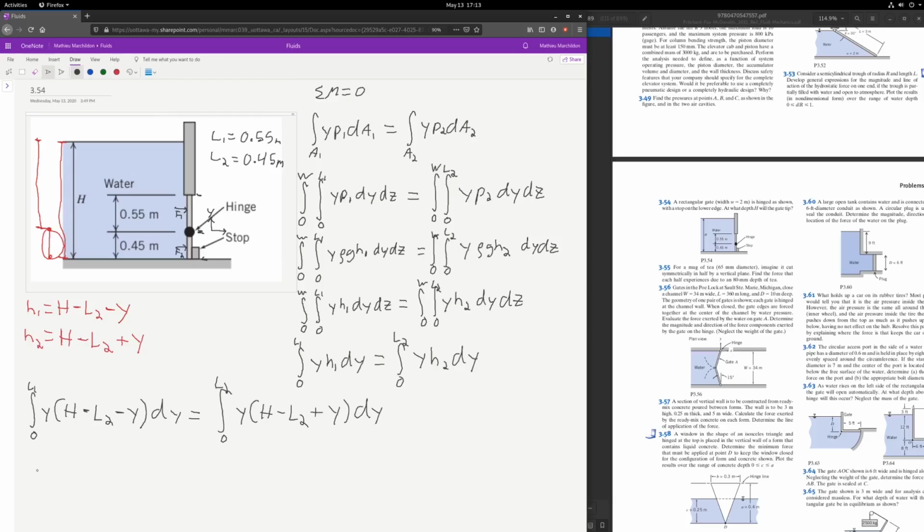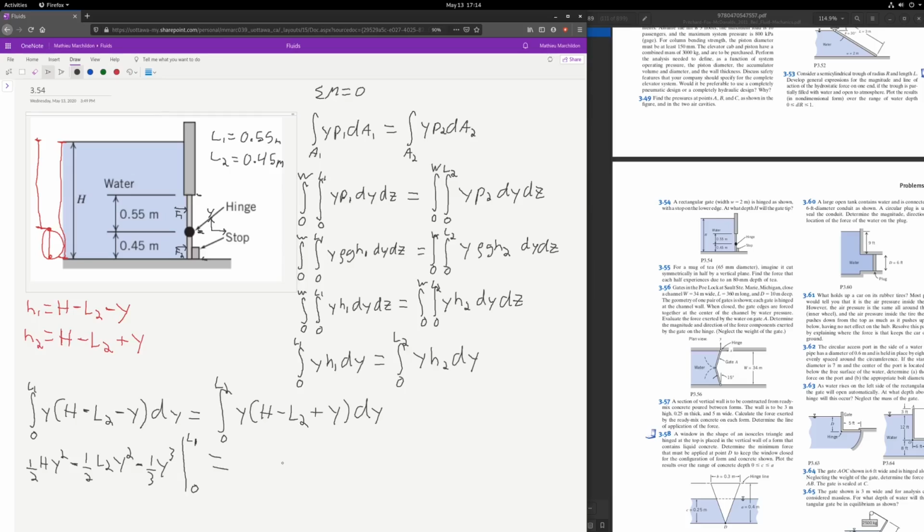Now this just becomes some calculus. So this becomes 1/2 h y squared minus 1/2 L2 y squared minus 1/3 y cubed, and this is going to be evaluated from 0 to L1.